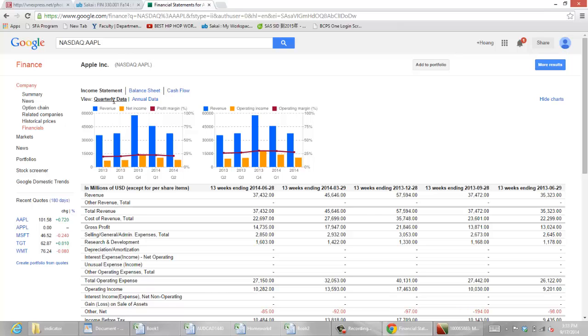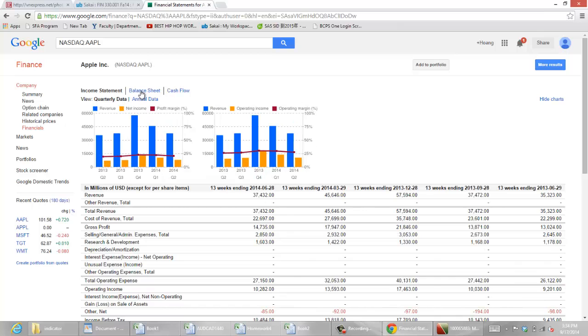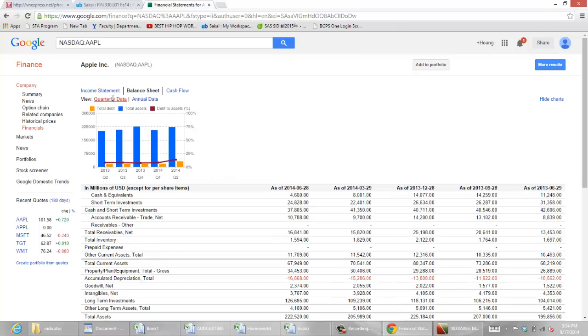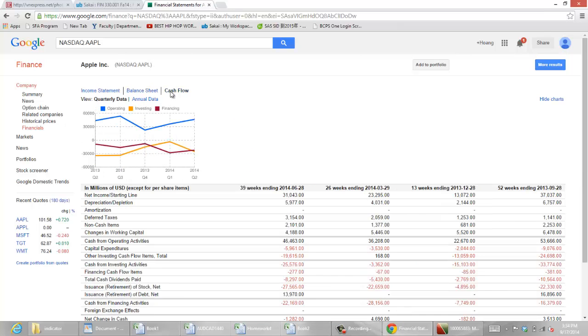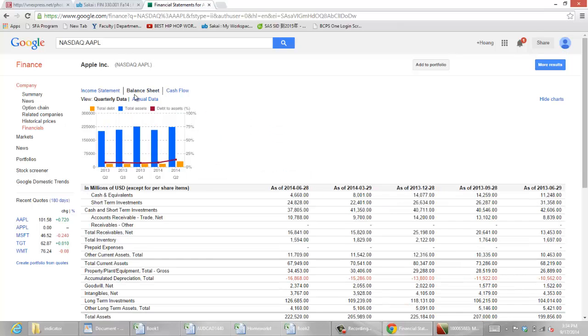You can get it quarterly or annually, or you can go to the balance sheet, quarterly or annually, or the cash flow statement. So I go ahead and copy the income statement and balance sheet of Apple, quarterly data of course, and then I get similar information for Microsoft.